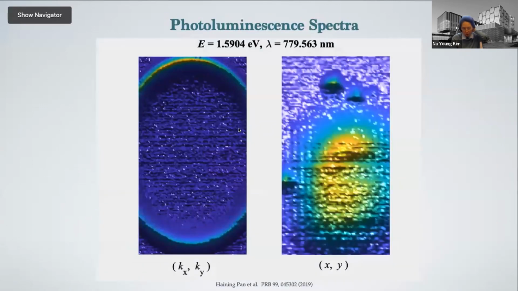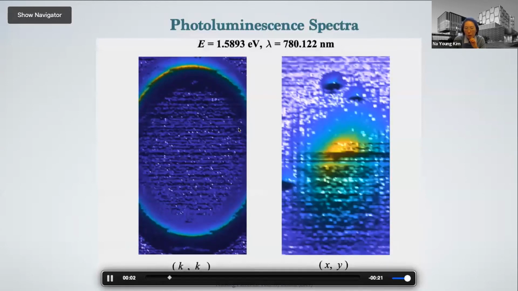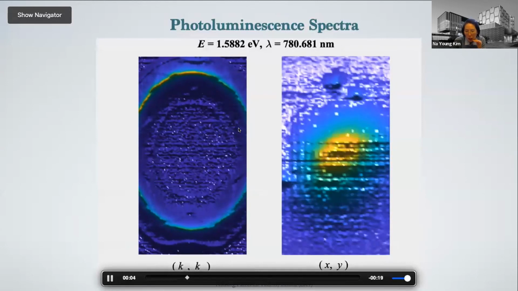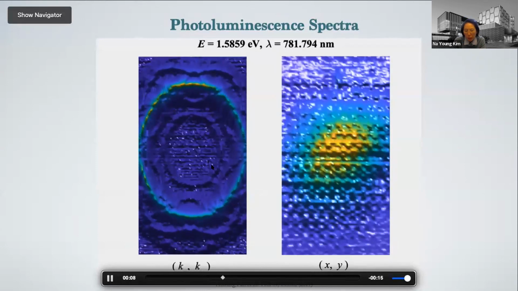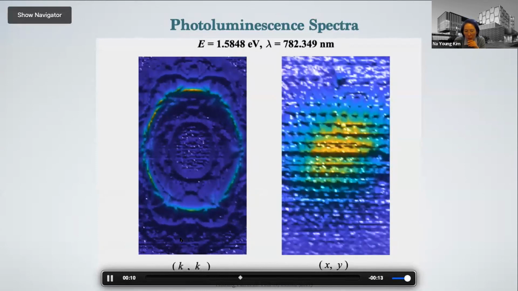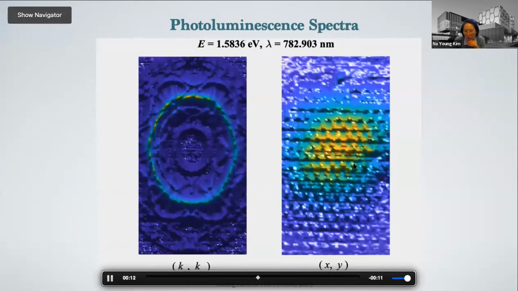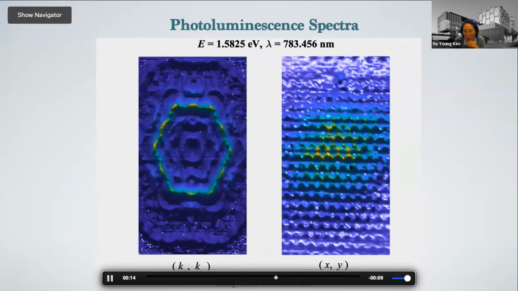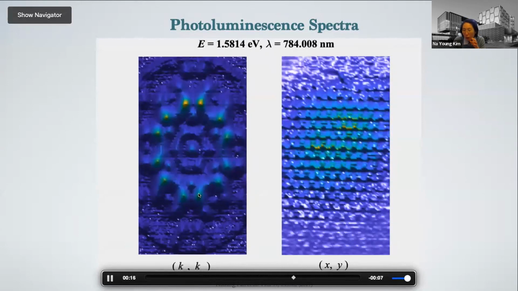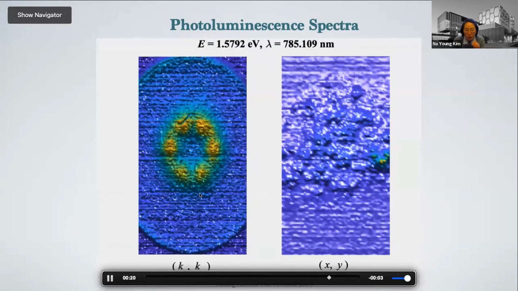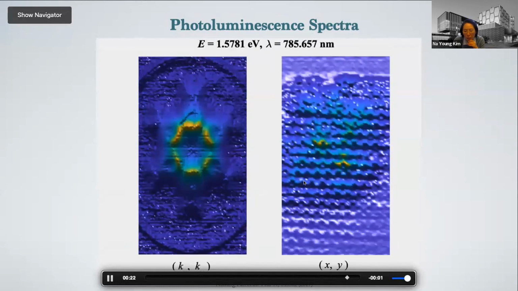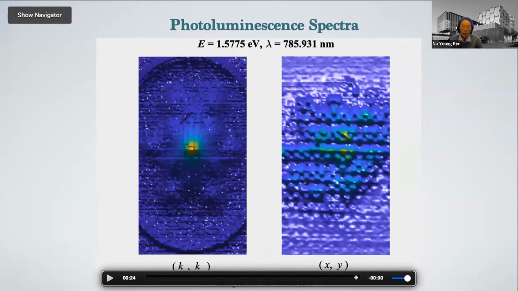So on the left, what you will see is the energy at a particular plane of the reciprocal lattice, kx and ky, and on the right, the x and y axes. By the way, in condensed matter language, on the left is the reciprocal space, and on the right is the coordinate space in real coordinates.